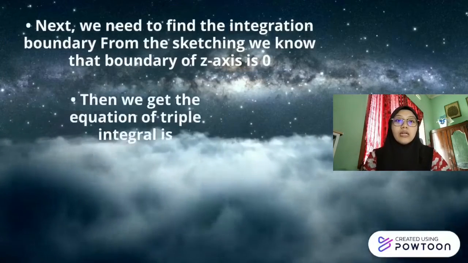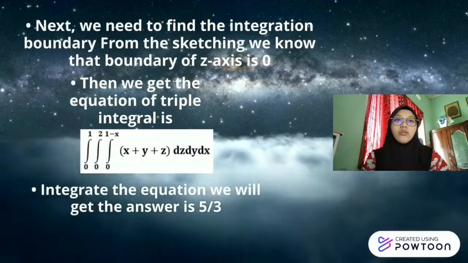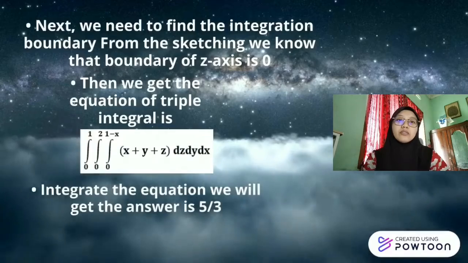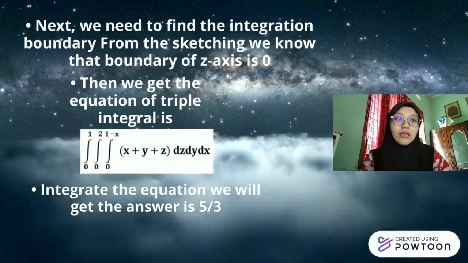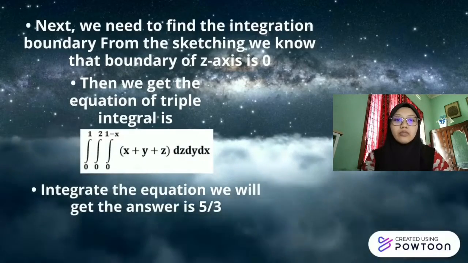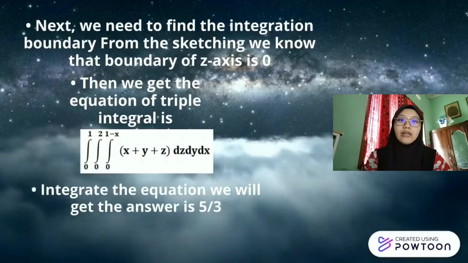So, to calculate, we need to know the integration boundary. From the sketching, we know the boundary for the z-axis of the solid is 0 until 1 minus x. For the y-axis, the boundary is from 0 until 2. And for the x-axis, the boundary is from 0 until 1.